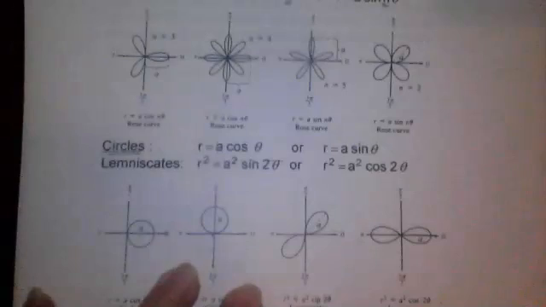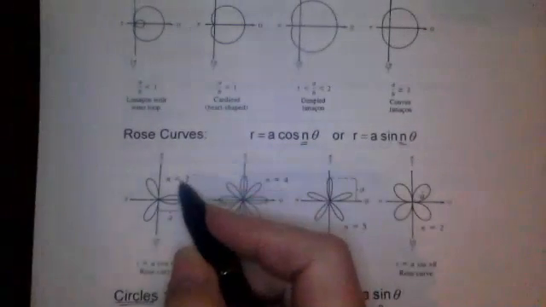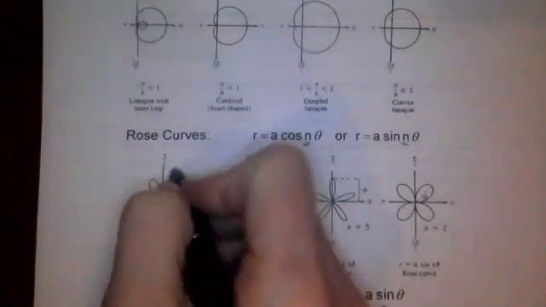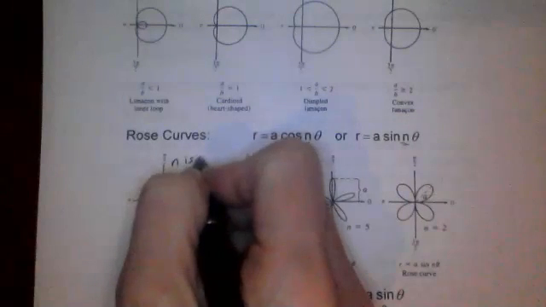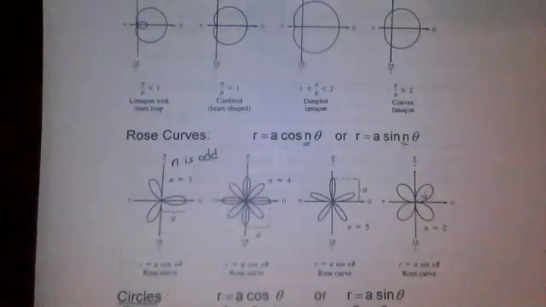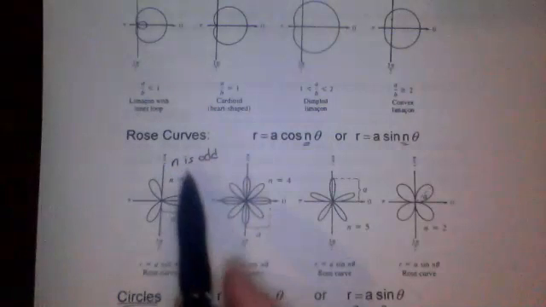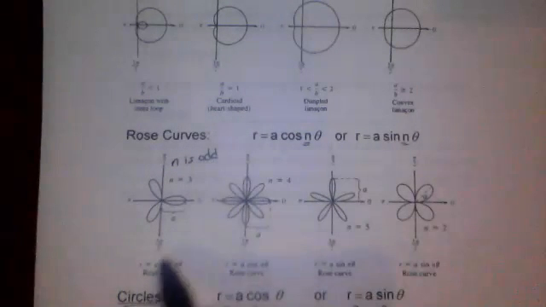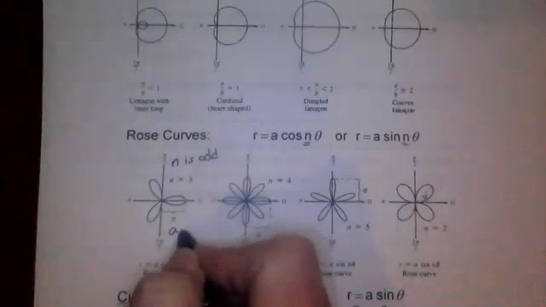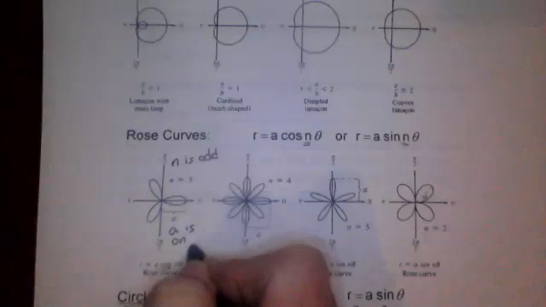All right, so let me just go back up to the ones that were the rose curves and give you some information you may want to write down about those. We'll get in more depth again the next lesson. But if n is odd and we have a cosine curve, then a is on the x-axis.